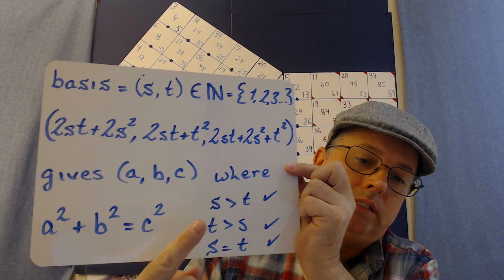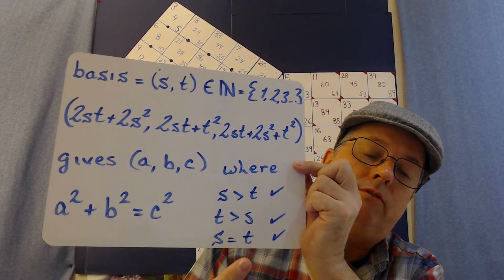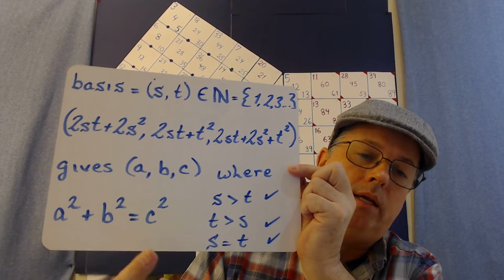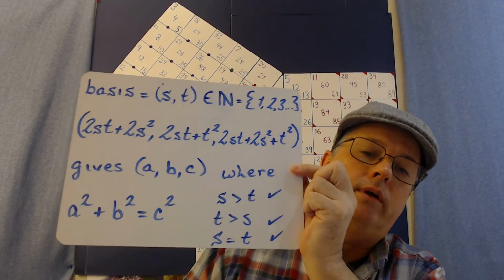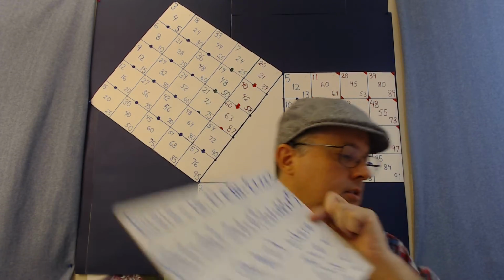And so s could be greater than t, or t could be greater than s, or they could even be equal. And when they're equal, they give you a Pythagorean triple. So let's look at some of those Pythagorean triples that are generated from this formula.